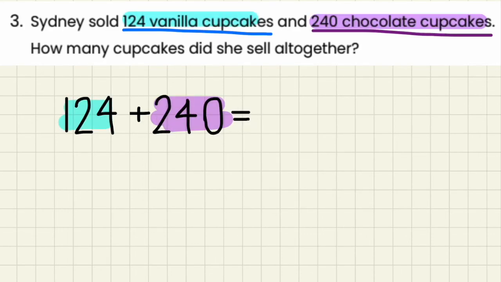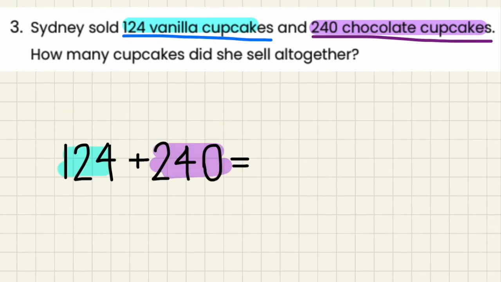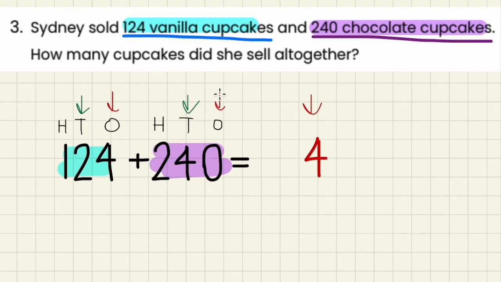And this time, instead of finding the answer using the vertical form, let's try using the horizontal form. First thing we have to do is to add the ones. So it would be 4 plus 0. 4 plus 0 is 4. And then now we can move on to the tens place, which is 2 plus 4. 2 plus 4 is 6.